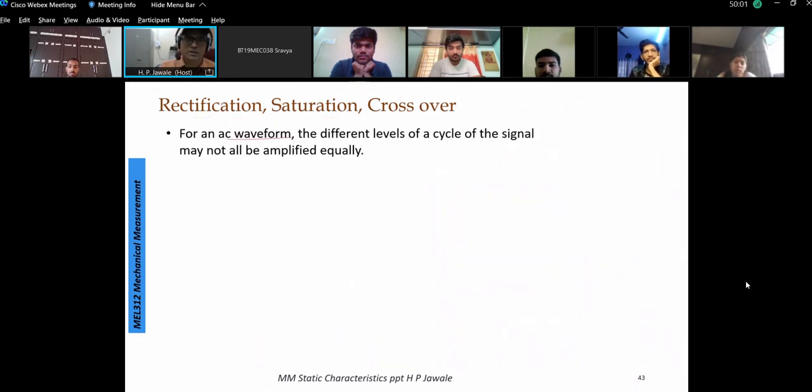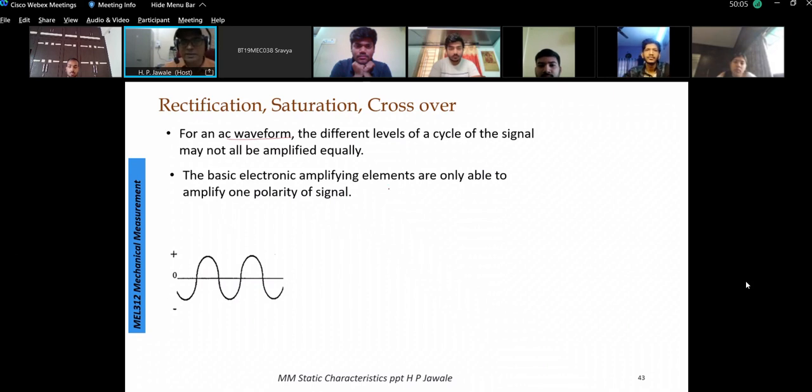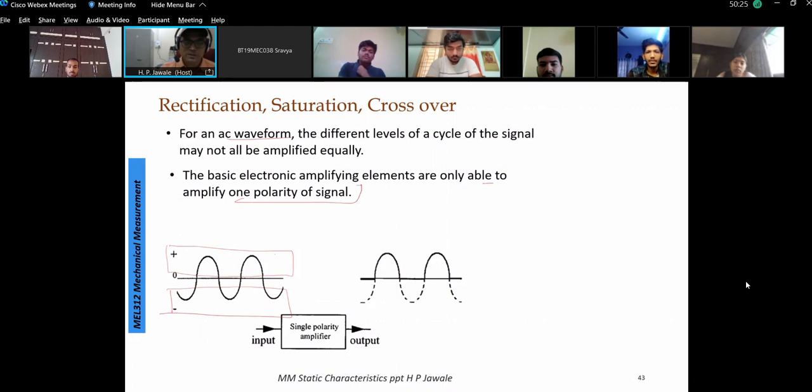Then the basic electronic amplifying elements are only able to amplify one polarity of the signal. So it may happen that only one polarity, say the signals appearing either on this side or on this side, will be amplified properly, and the other one will not be amplified in a proper fashion. So this is what is going to happen.